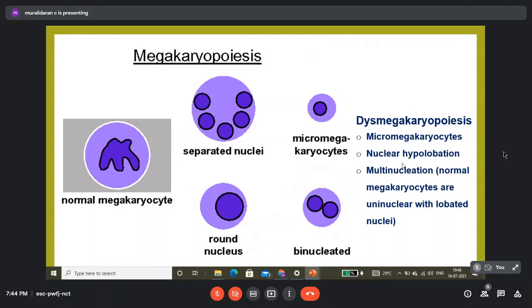Nuclear hypolobation is another important morphological criterion. Apart from that, we have multinucleation. Normal megakaryocytes are uninuclear with lobated nuclei, as we can see here. In dysmegakaryopoiesis, we can see multinuclearity, where individual nuclei are present.